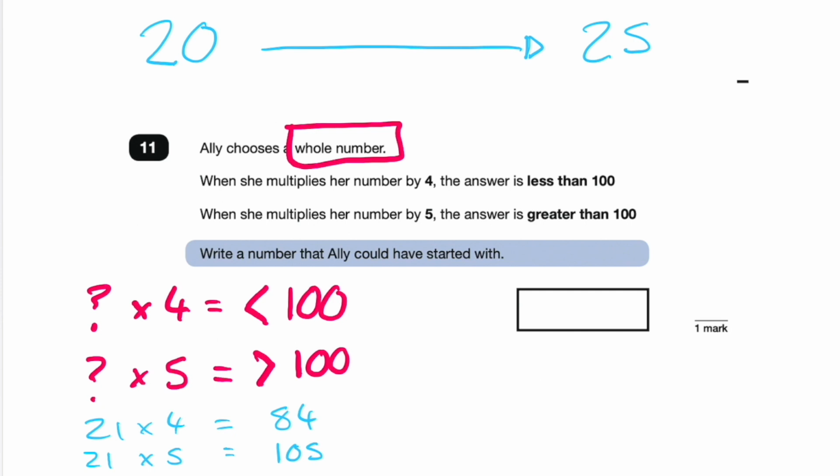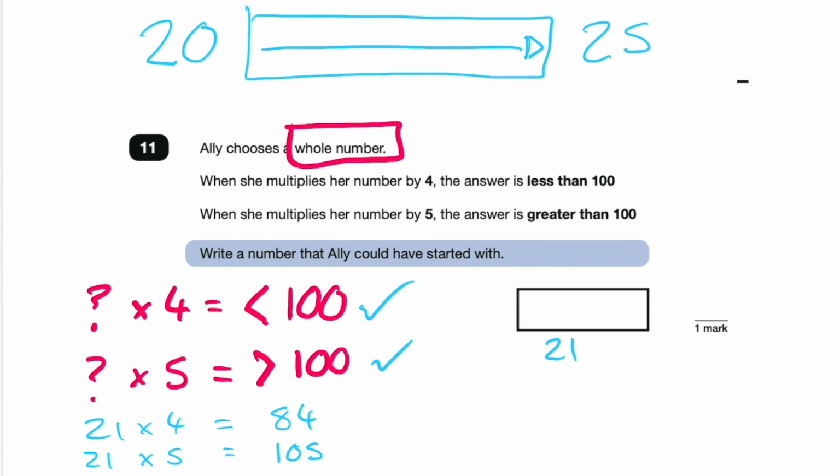So 21 times 4 is 84, that's correct, that's less than 100. And 21 times 5 is 105, which is greater than 100. So we could have 21 as an answer. But there are multiple possibilities because 21 fits between this gap here, but there are other numbers. We have 21, 22, 23, and 24. And I think all of those numbers are going to work.